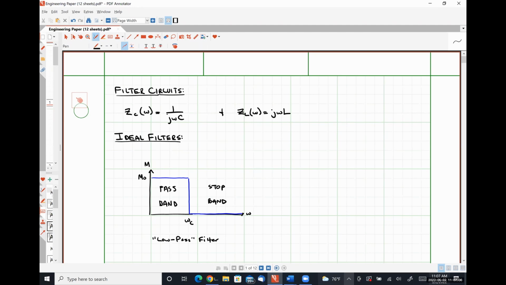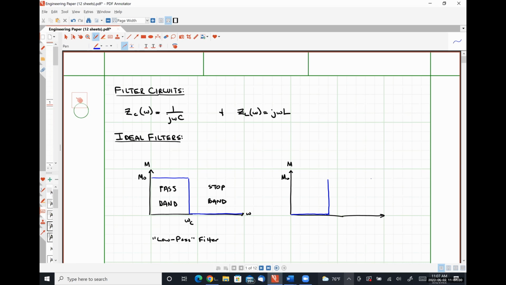The opposite of a low pass filter is a high pass filter. So in a high pass filter, all signals below a particular frequency are attenuated.